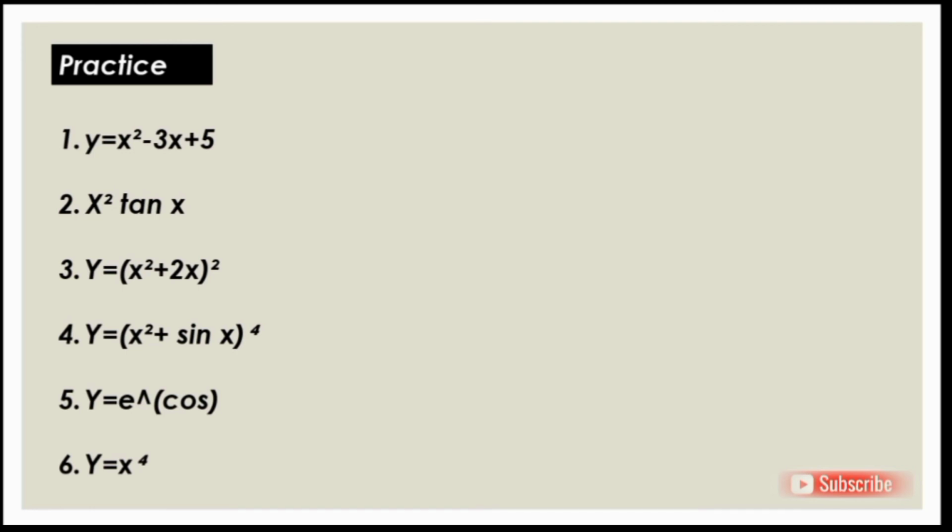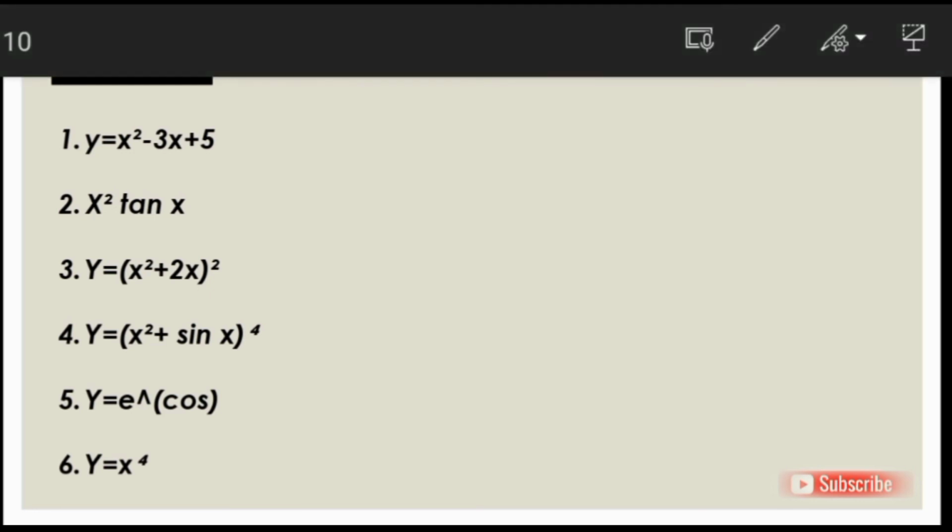The first question can be solved by using the sum rule and the power rule and many more rules. In the second question, we have to use the differentiation of tan and the differentiation of x square. In the third one, we can do it with power chain, but we should do it with chain rule.